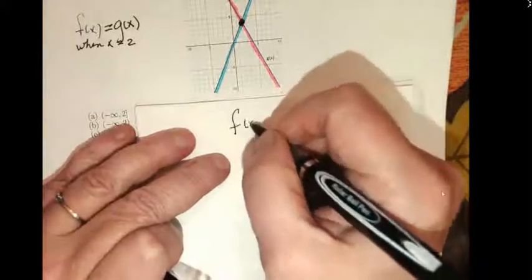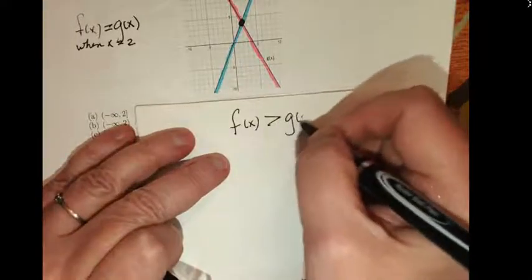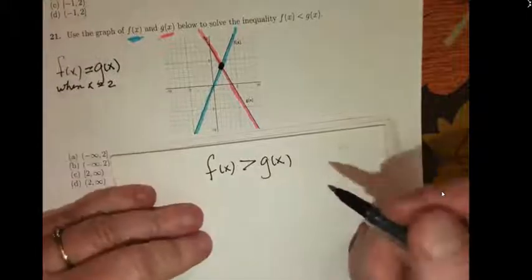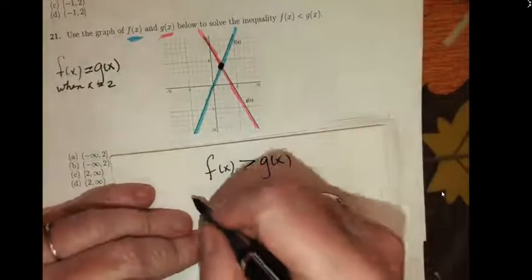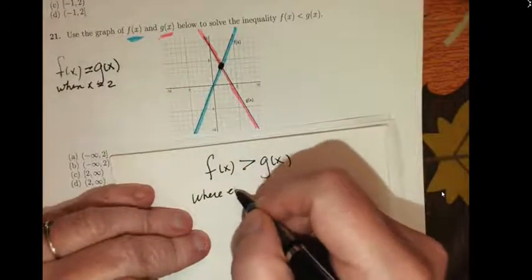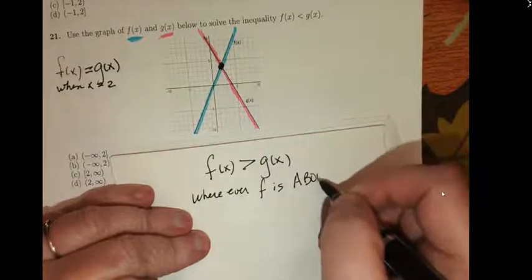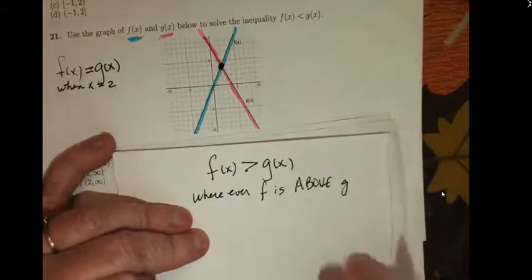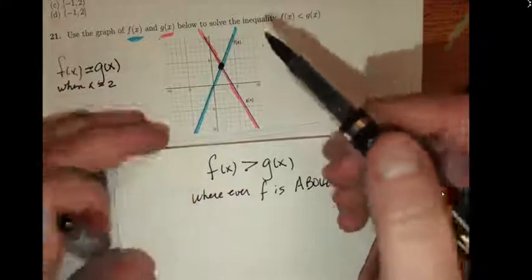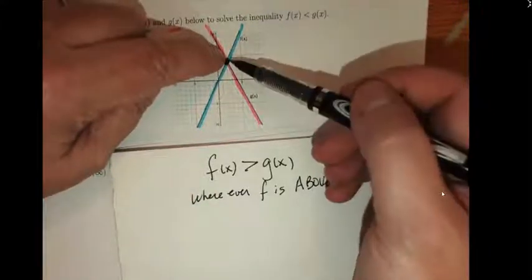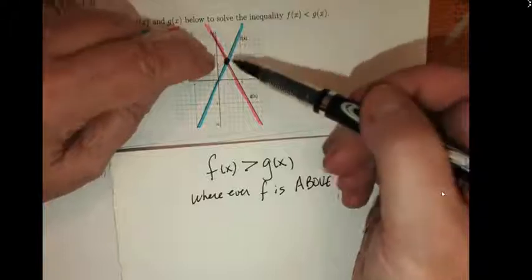Now, what if the question had been, when is f of x strictly greater than g of x? Then that happens when the graph of f is above g. And so wherever the blue one is above the pink one, and we can see the blue one will be above the pink one from here on out.